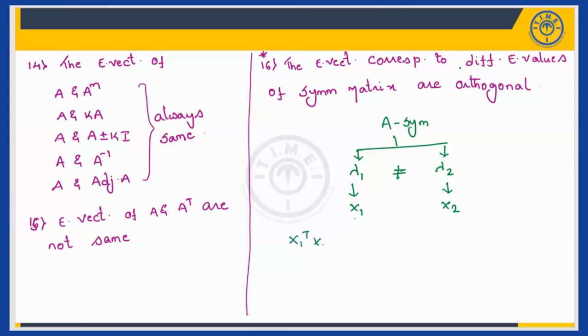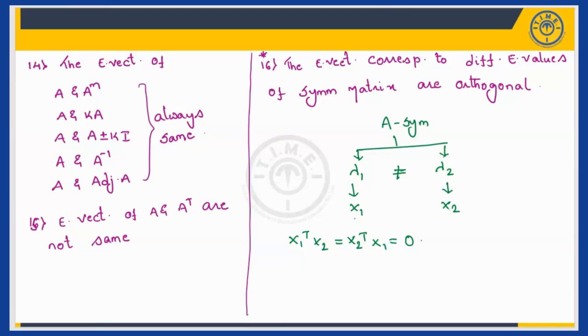That means x1 transpose into x2 is equal to x2 transpose into x1. The product is always 0. Okay, almost 3 questions were asked on this note point, and all these 3 were asked only for electrical. Okay, so these are 16 properties of your eigenvalues and eigenvectors.